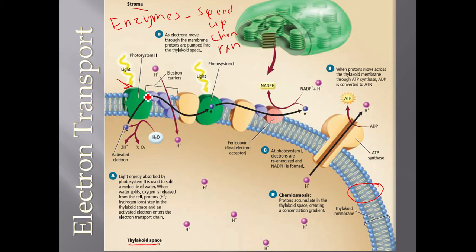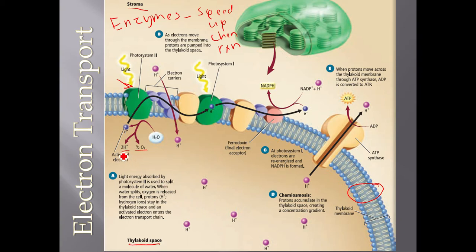So the very first enzyme takes in sunlight, and that takes that sunlight and it breaks apart a molecule of water and releases two hydrogens and releases an oxygen. And then what happens is that makes this side of the membrane down here have a lot of hydrogens.